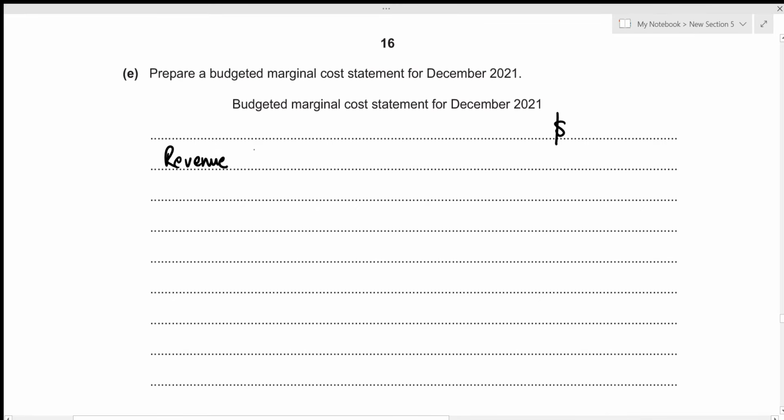So what we know is that we're producing 30,000 units, and each unit is sold at the sales price of 48. So this gives us the total revenue to be 1,440,000. Now we need to subtract all of the direct costs. So firstly, we have the direct material.